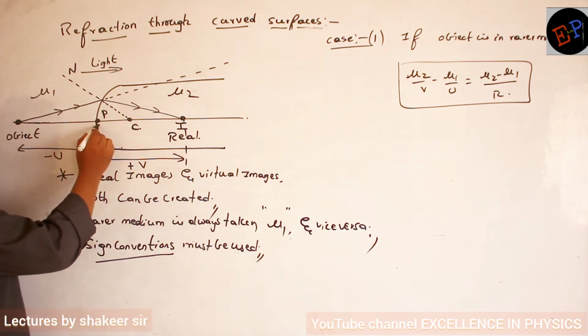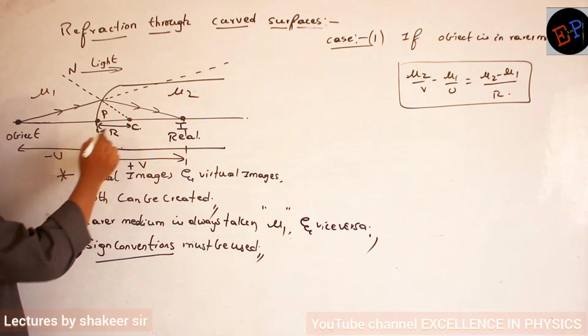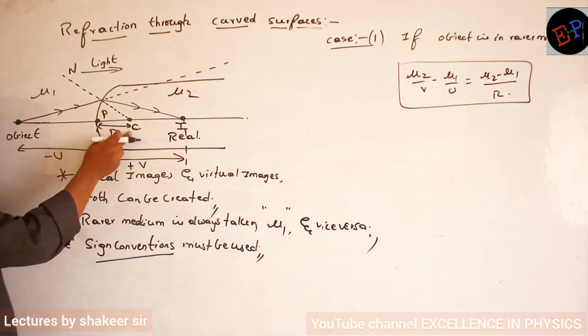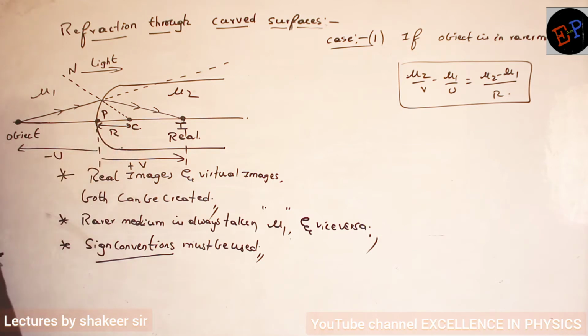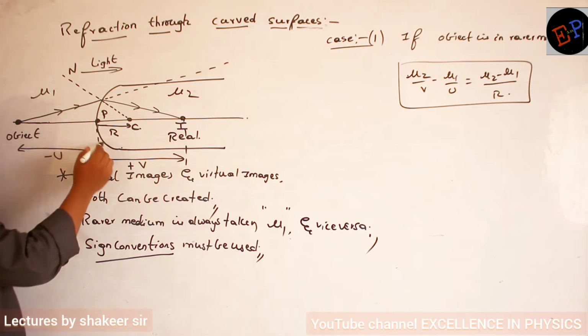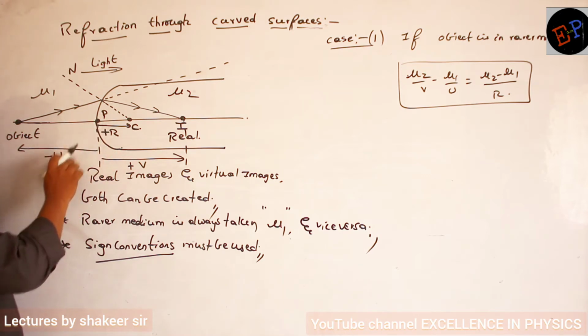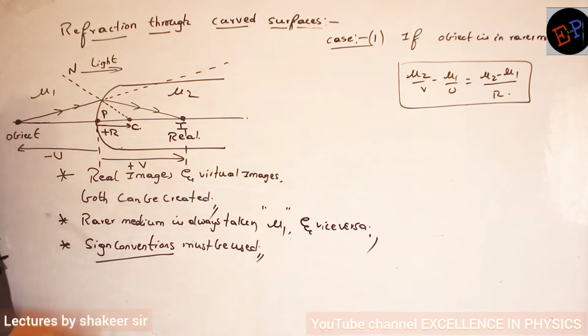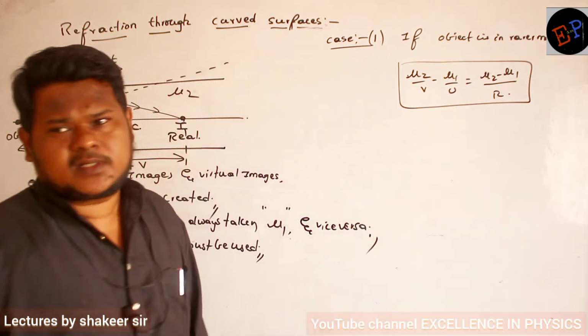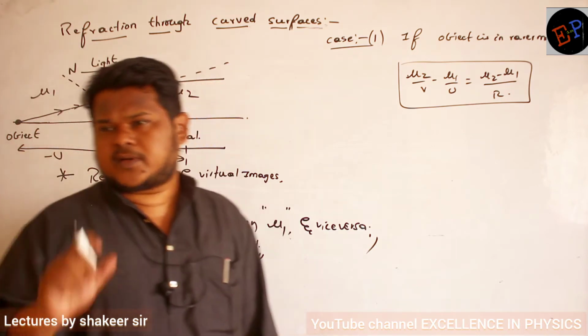This distance is nothing but radius of curvature. Distance between pole and center of curvature is called radius of curvature. Now in this condition, radius of curvature, is it positive or negative? Positive. Why positive? Because light is traveling in this direction, we are also traveling in the same direction. So everywhere you have to use the sign conventions according to the requirement of the problem.